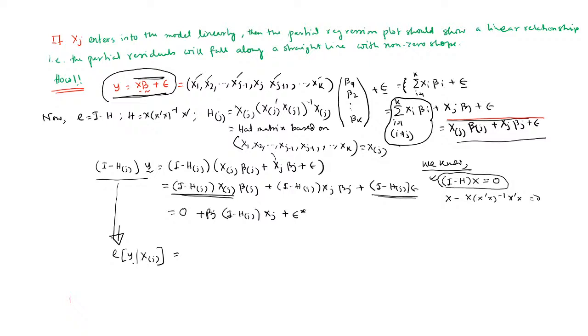So this is a residual of regression when you omit the jth explanatory variable, and this part is nothing but a residual of what?